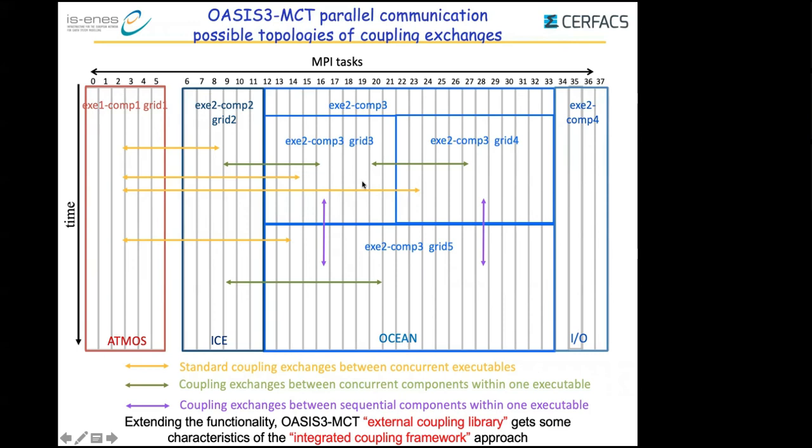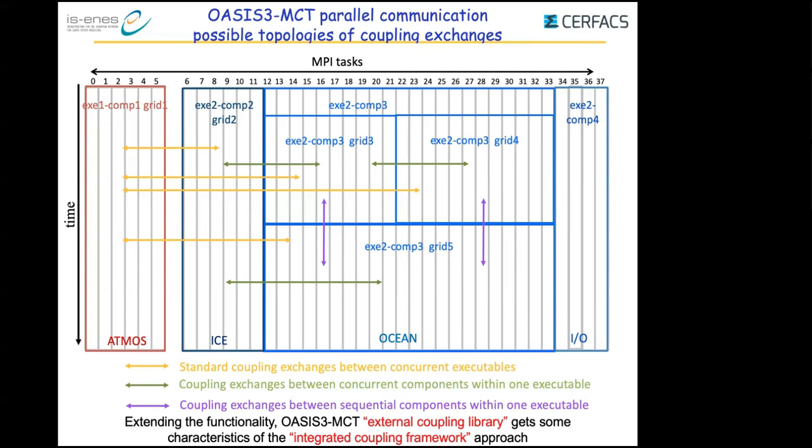So it's the 2 families of coupler that I described. This is, let's say, a very first categorization, but in practice we see that coupling software that follow the coupler approach extend their functionality to have some characteristics of the integrated coupling framework approach and vice versa.